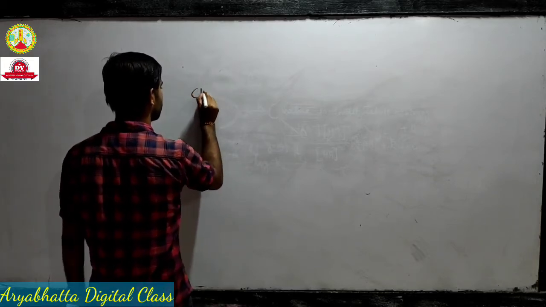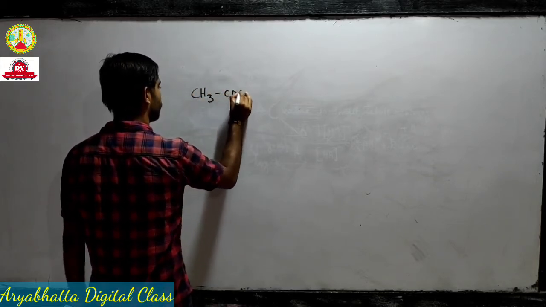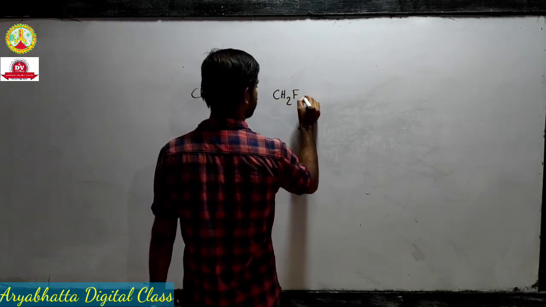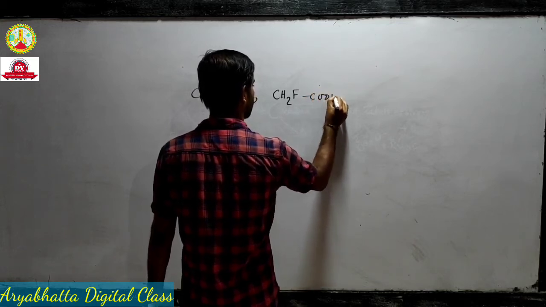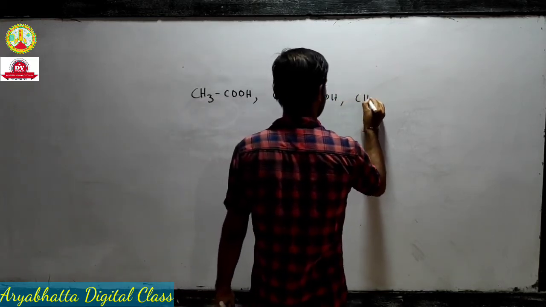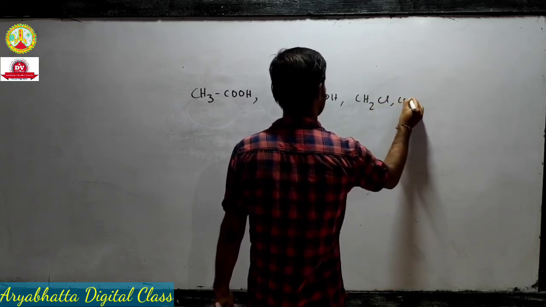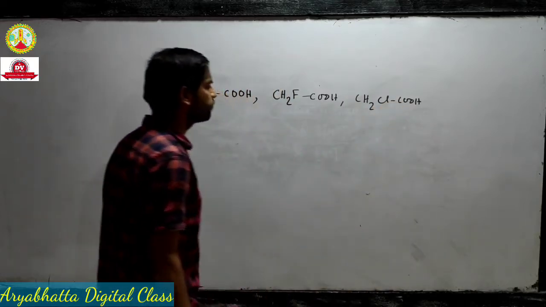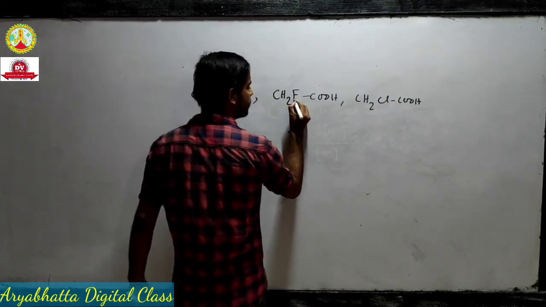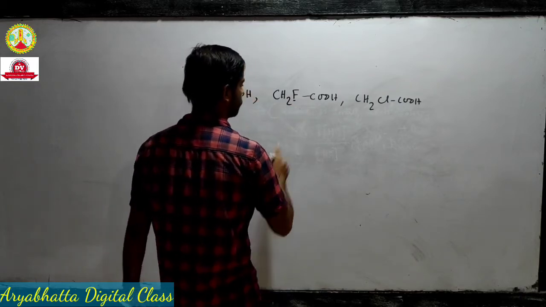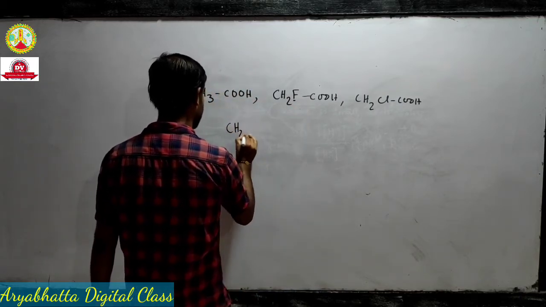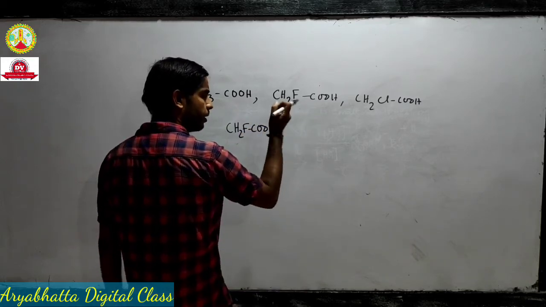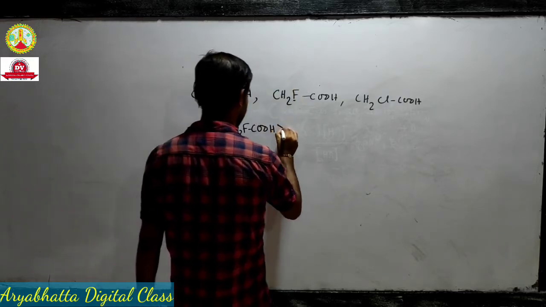Suppose we have CH3COOH, one hydrogen replaced by fluorine, and suppose one by chlorine. Now we want to know which one is more acidic, which one is less acidic. Fluorine is the strongest electron withdrawing group, so it will be the most acidic, because fluorine is highly electronegative, so it can pull electrons strongly.